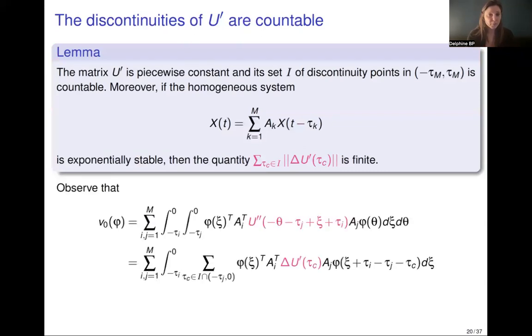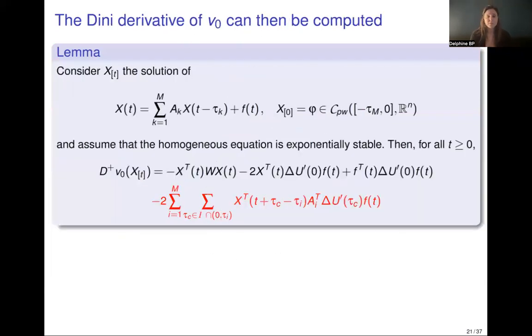So I'm going to just skip this thing and come back later, but here is a result that we obtained. We had that when you evaluate this D plus V0, you get now minus x transpose W x, so the quadratic term that you had before, and additive terms depending on f of t, of course. The first two in black here are, well, nice guys, let's say, because they are only quadratic terms of f of t.